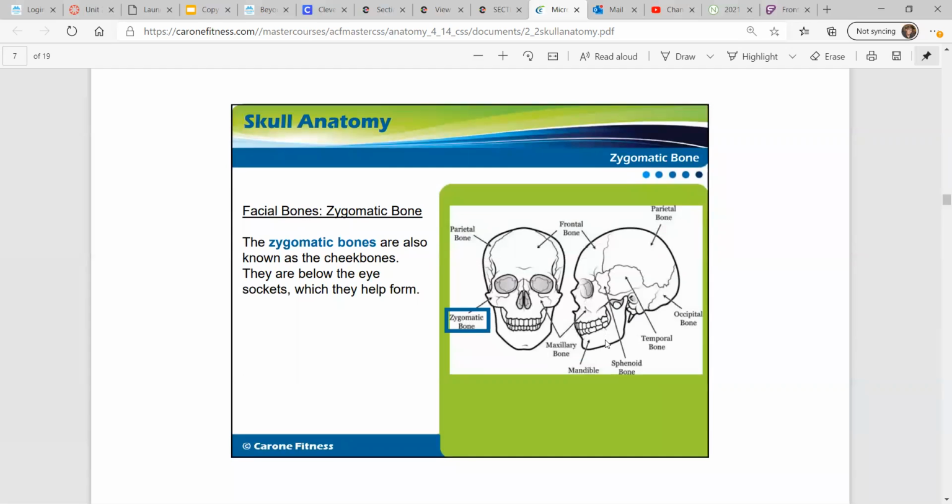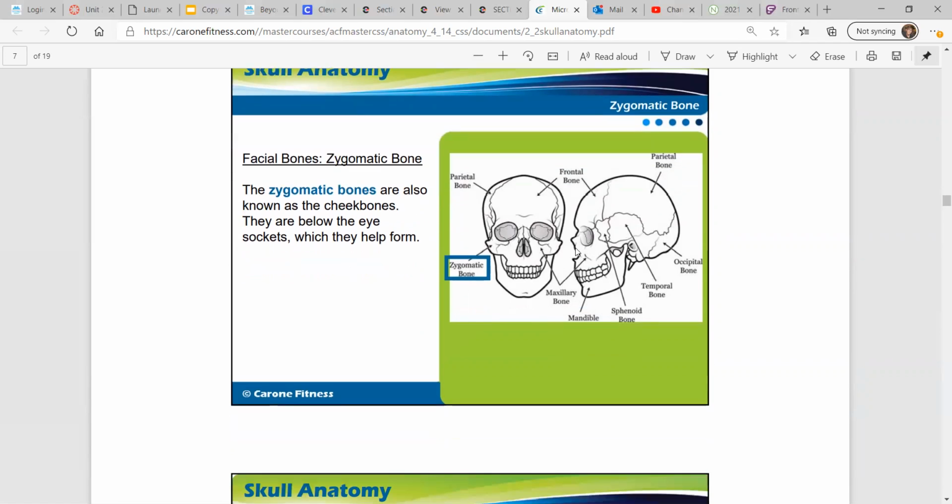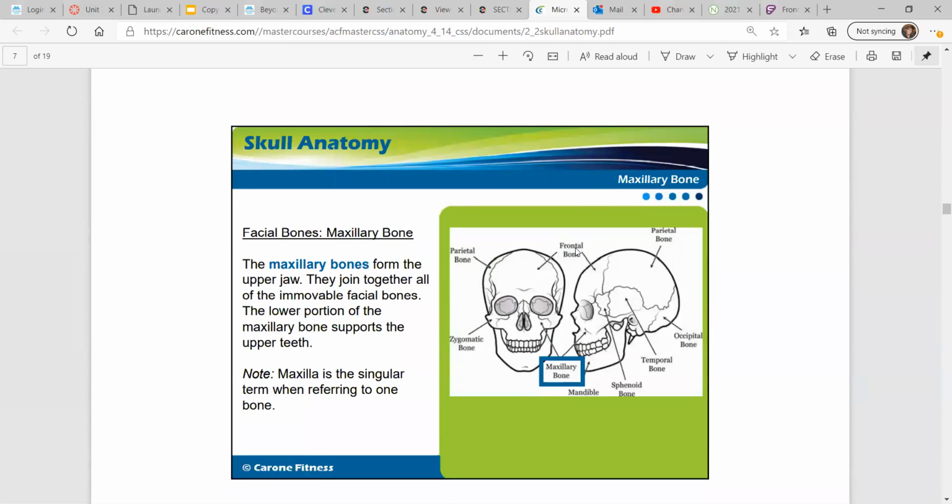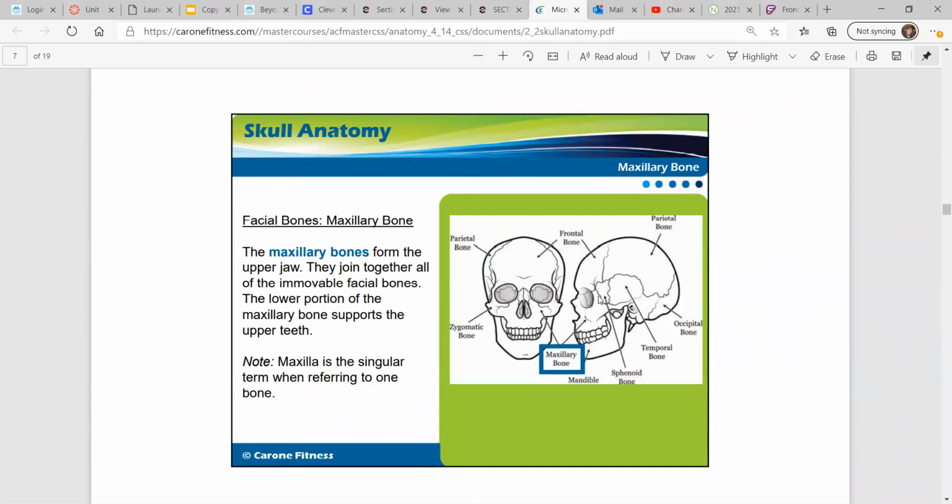Facial bones, zygomatic bone. So these are your cheekbones, that little section that pops out to the side. They are right below the eye sockets, and they help form your face or shape your face to some degree. Then we have the maxillary bones, and they form that upper jaw region.